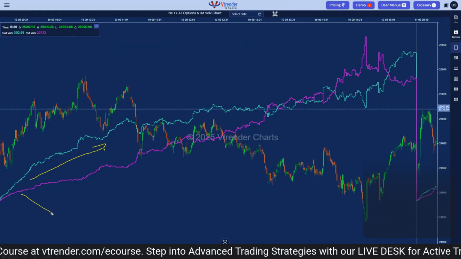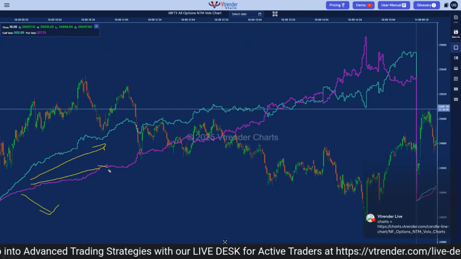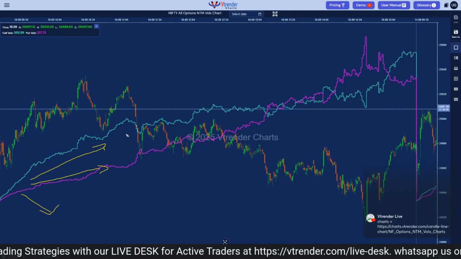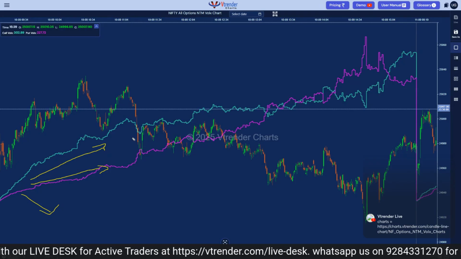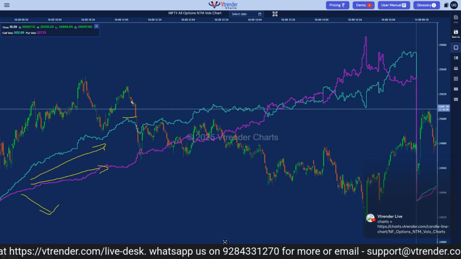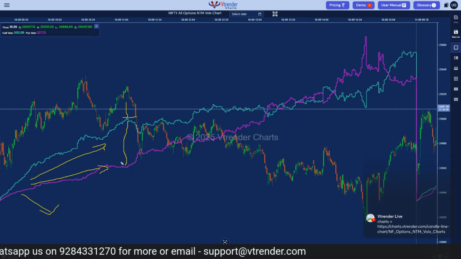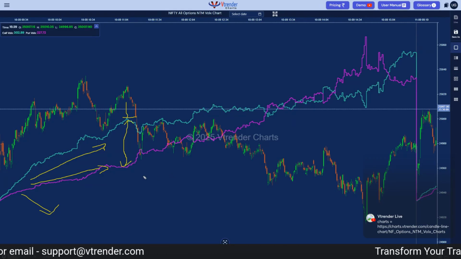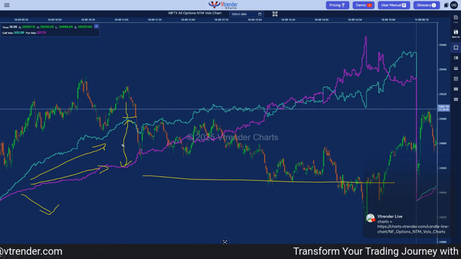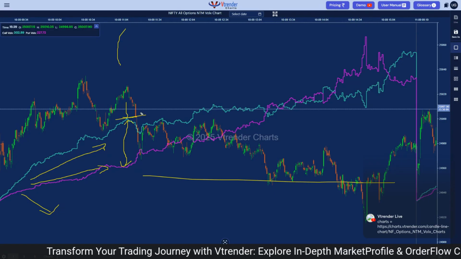Although the put was not dropping, there was small distance building between the both, and the call always remained above the put for the first hour or hour and a half. So this is the peak which we made, where the distance between these two lines was the highest for the day. Nowhere for the rest of the day can you see this kind of a distance between the lines. So this is where we made that high in the C period of 25125.